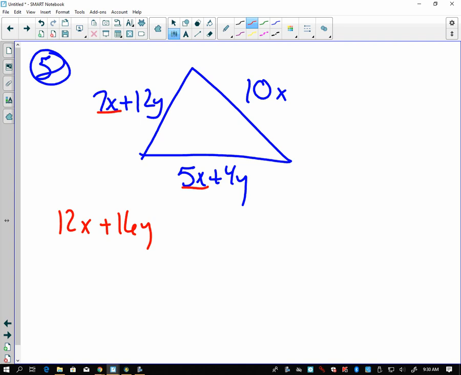What did you forget? Forgot the 10x. All right, so where do we combine that with? 12x. What am I getting then? 22x plus 16y. Okay, that's my expression for my perimeter. You're going to type that in without any spaces, okay? So 22x plus 16y, no spaces, okay?